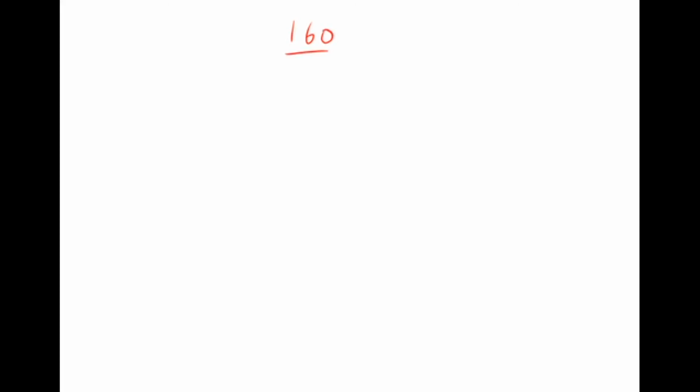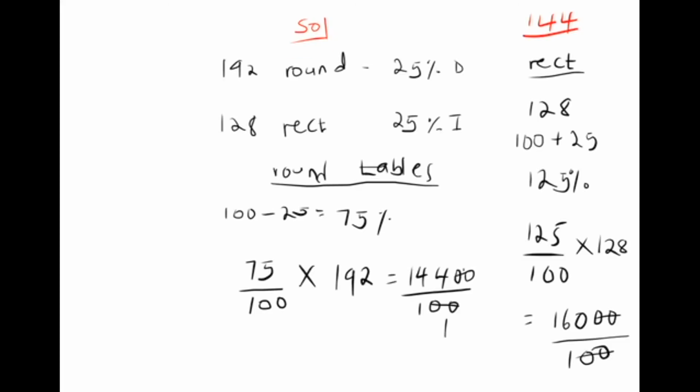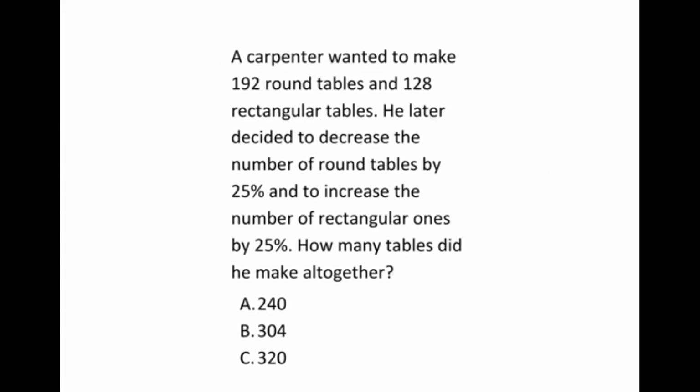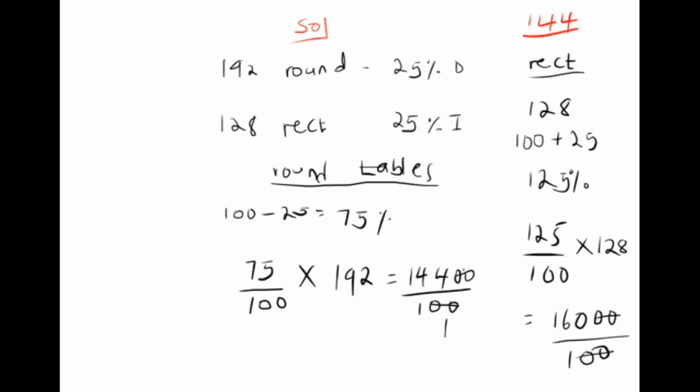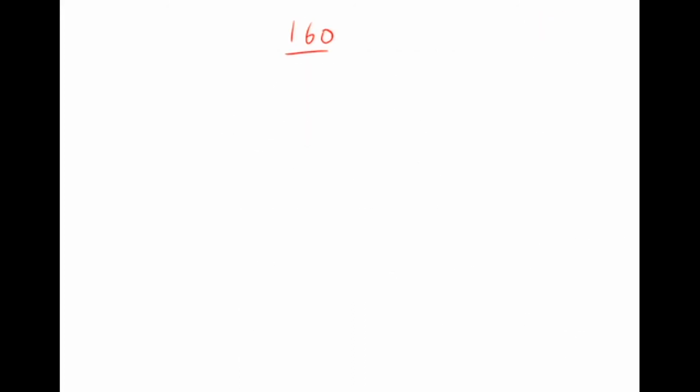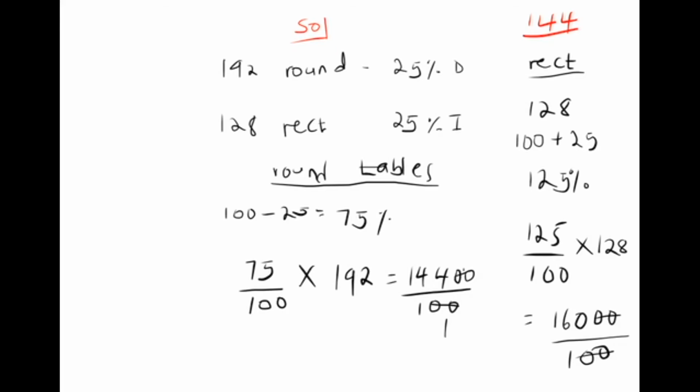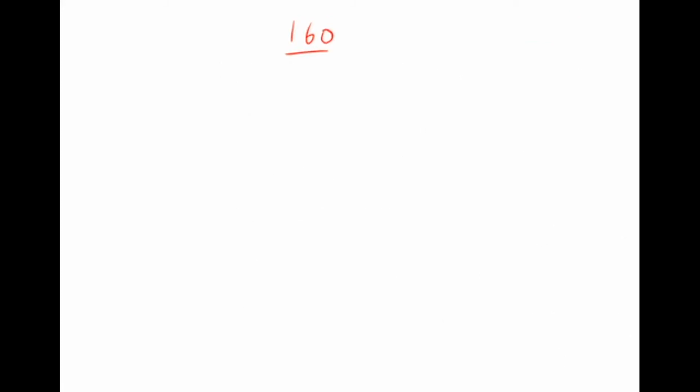Then the question asks us how many tables did he make altogether. Therefore, we shall add 144, these are the round tables, plus 160 rectangular tables.